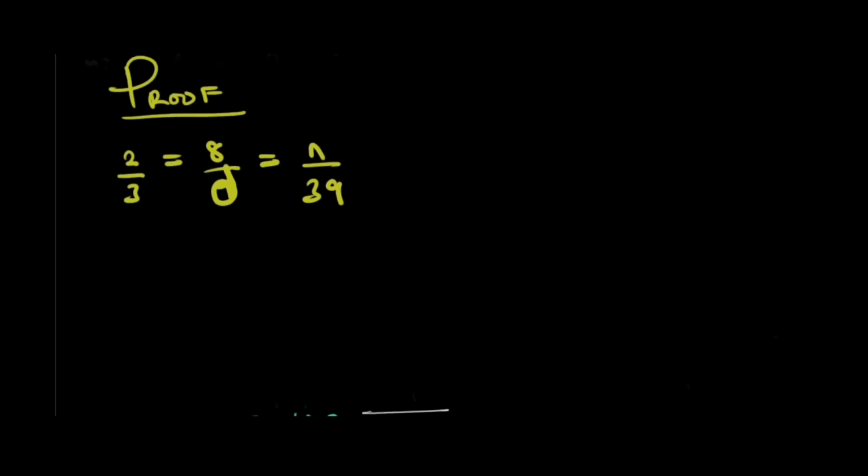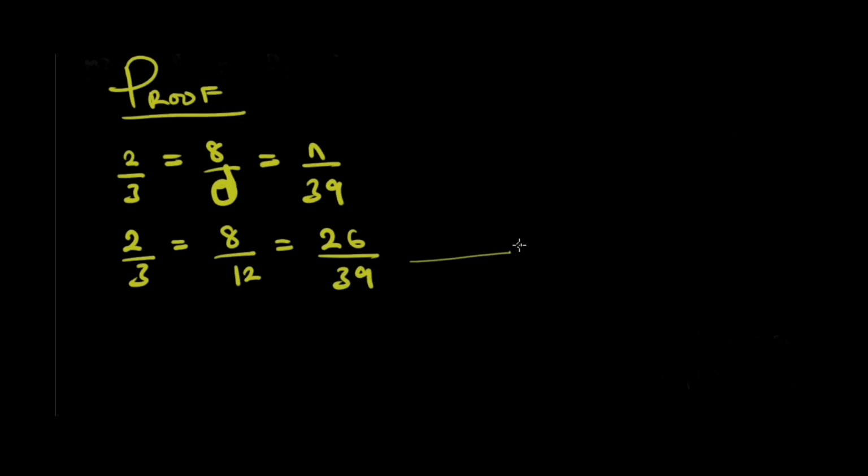Saka tiri kuti 2/3 iri equal to 8/12 yozova equal to n tawana 26, 26/39. Saka mubvunzo wedu wawi kuti is this statement true? Statement iri rikangova true tinaka. Saka panapa tikaisa 4 munomu 4 into 8 ndi 2 then 4 into 12 ndi 3. Saka 2/3 yava equal to 2/3.